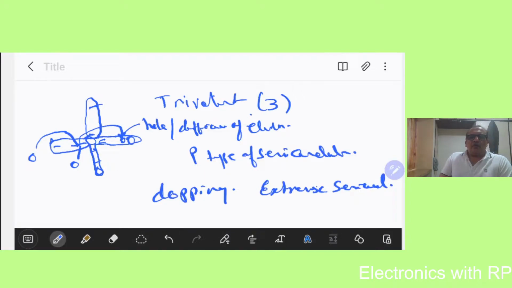So N type and P type are semiconductors which are derived after adding impurities. So this is how a semiconductor is made to enable us to carry electricity through the flow of electrons and flow of holes.